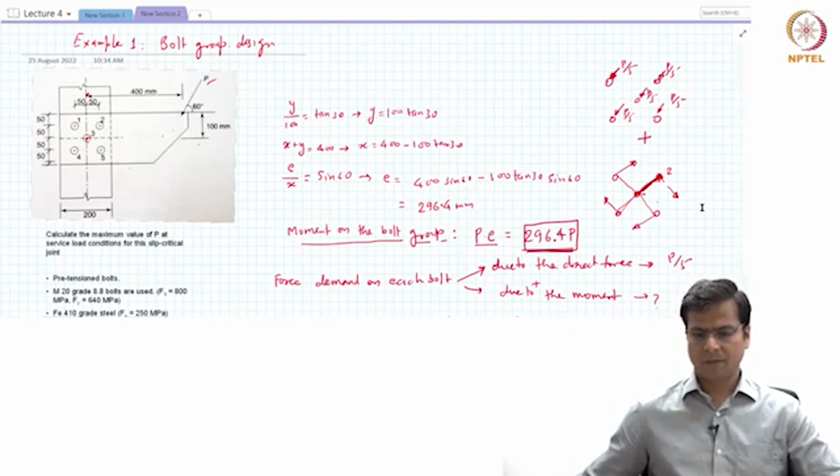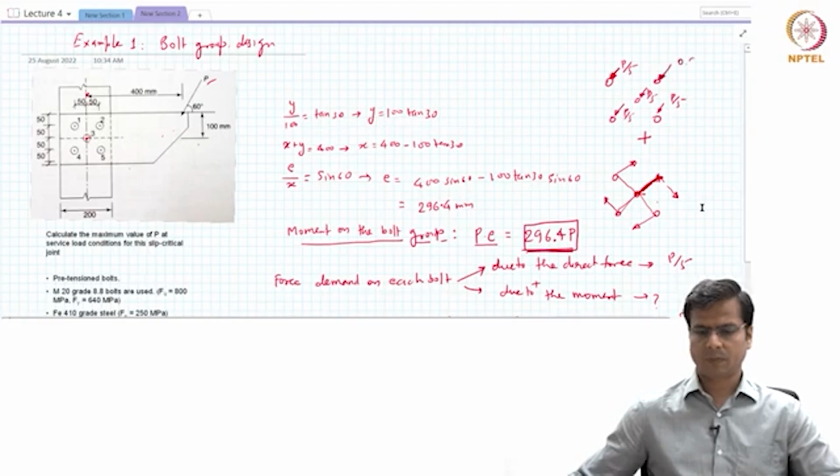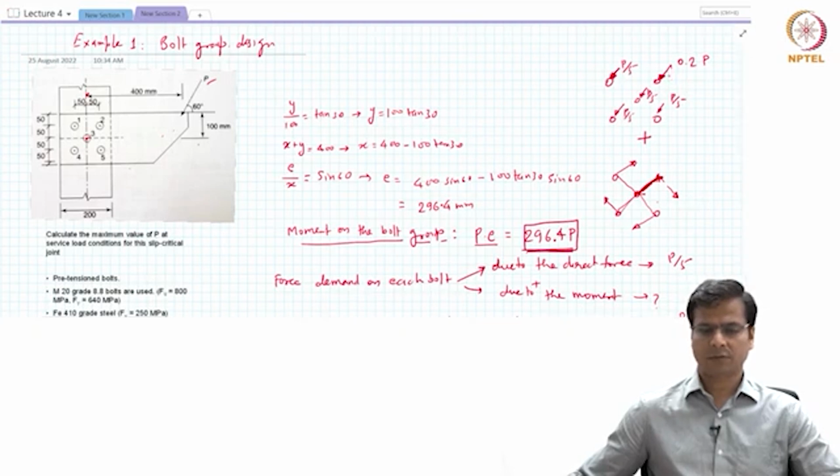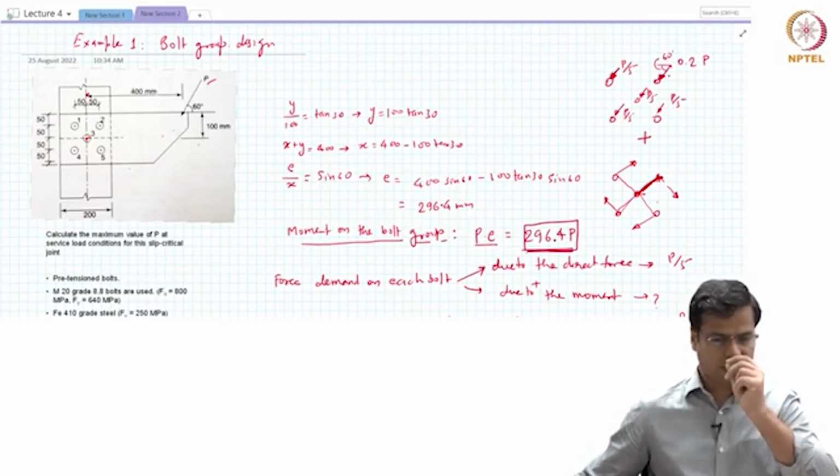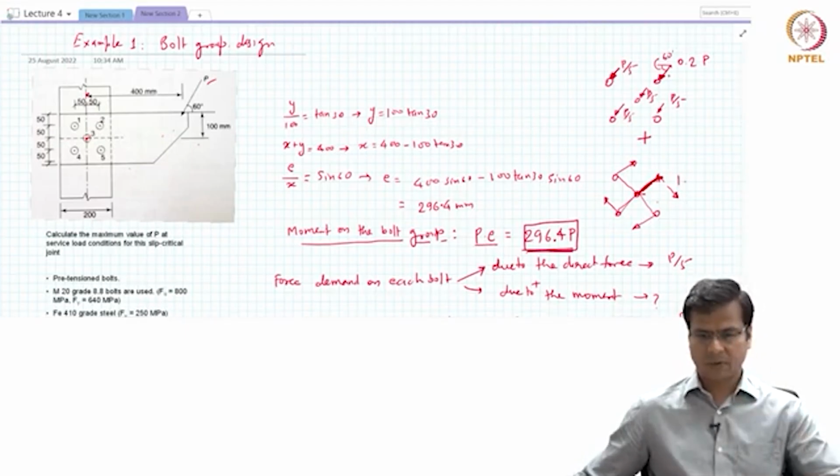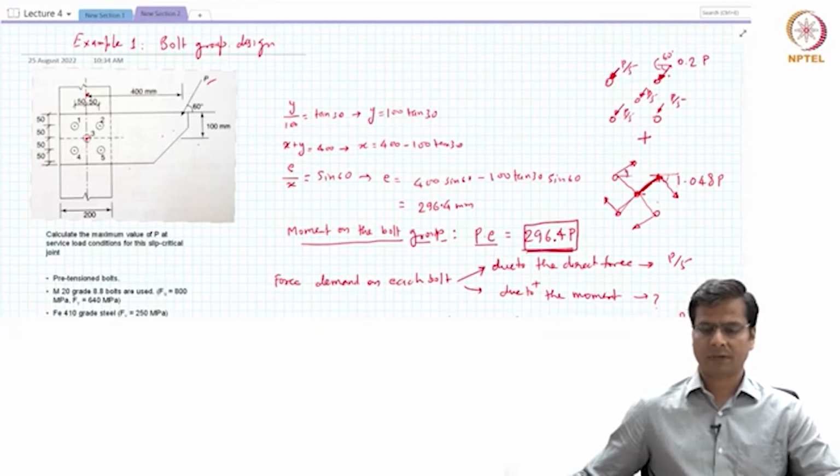So now here we know that this value is 0.2 P, which is acting at a 60-degree angle from horizontal. This angle is 60 degrees. And this force is basically 1.048 P. And this is acting at 45-degree angle from horizontal, all of them at 45, but in different directions.